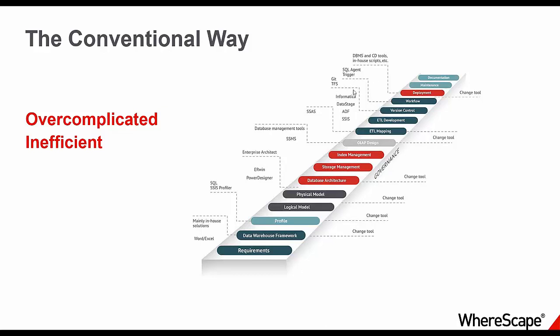You've got all these different tools, and every time I climb a step, I switch a tool. And every time I switch a tool, I'm switching skills. I may be switching people. And so the handoff between the tools is not really as good as we would like. So if I'm having to climb the ladder, switching tools, switching people, and I get up here and I have to make a change, as I come back down, switching tools, switching people, the emails get exchanged, every email takes a day to answer.